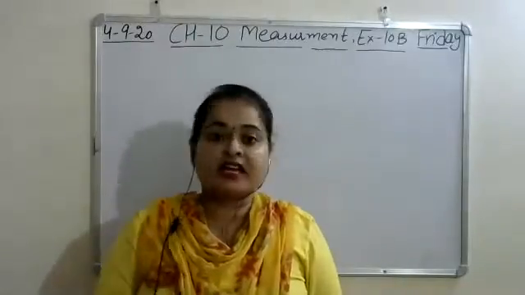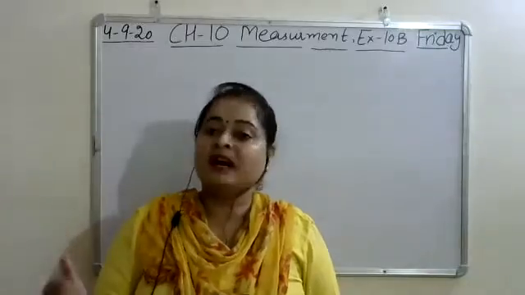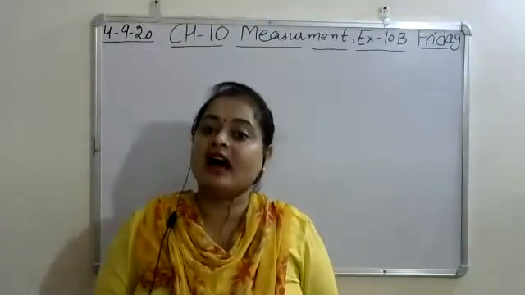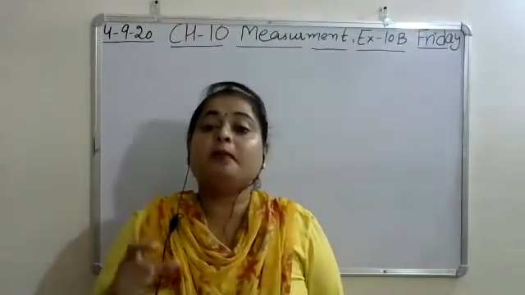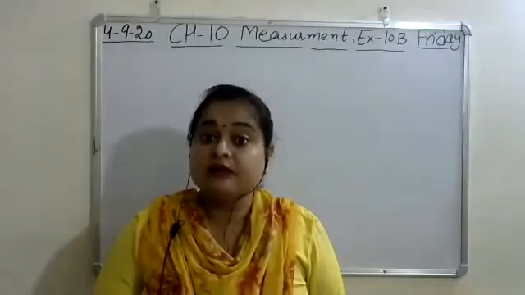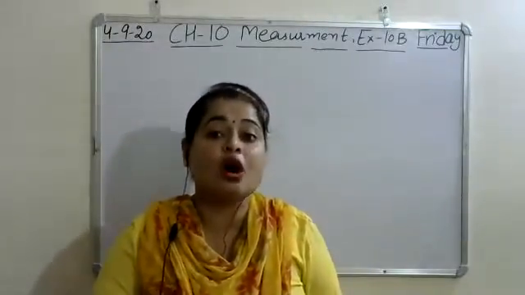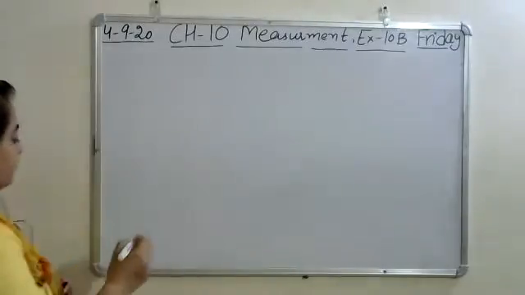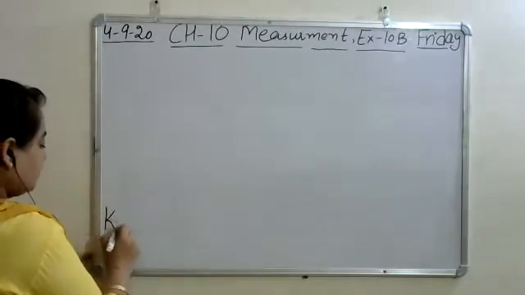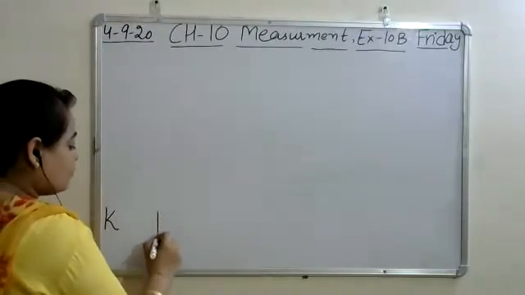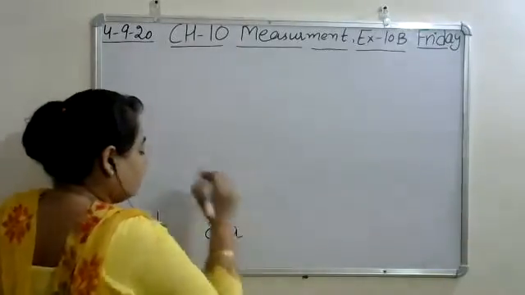So, the mnemonic is the same. King, Harry, died, mother, didn't cry much. But in the middle, in place of M, we will write G if the question is based on weight. So look here, K for King, H for Harry, and after that, DA for died.